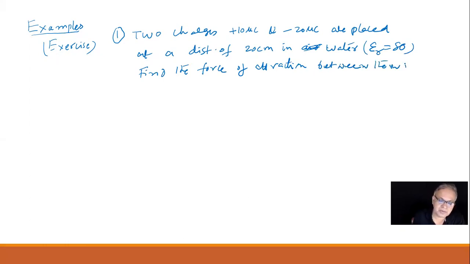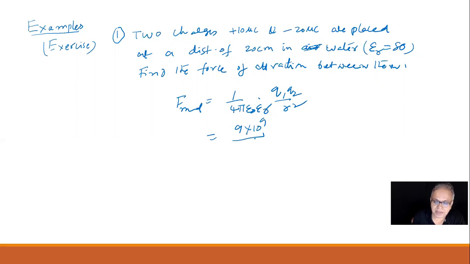Okay, so F in medium is straight away, we write 1 by 4 pi epsilon 0 epsilon r, q1 q2 by r square, when you write in magnitude form. But all this we know is 9 into 10 to the power 9. So 9 into 10 to the power 9 divided by epsilon r, which is 80, into q1 q2.